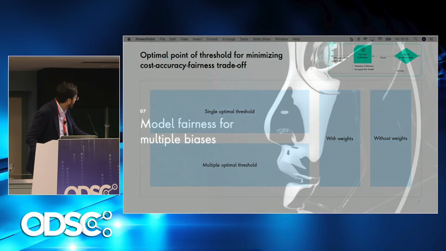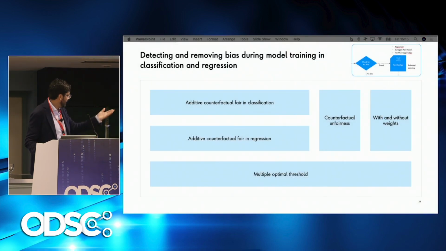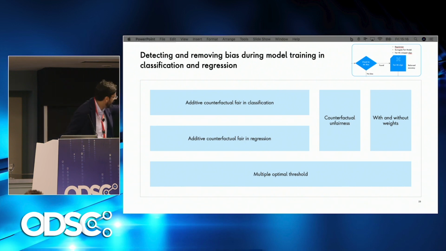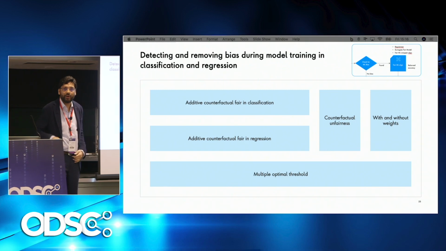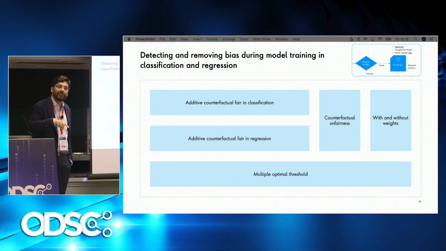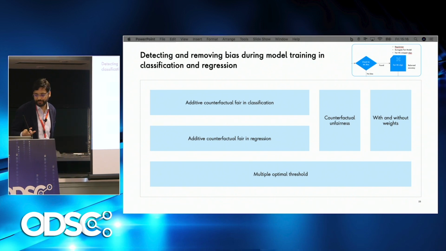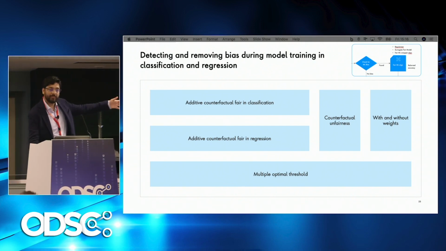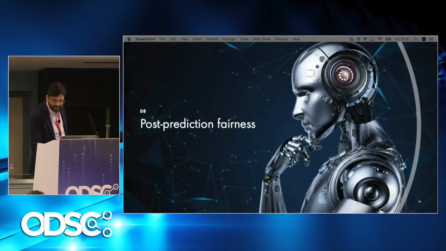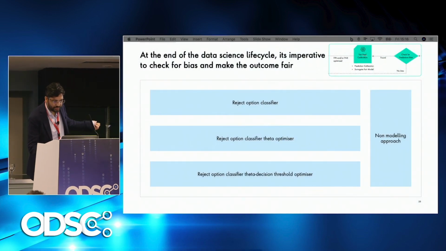We also saw additive counterfactual fairness in classification and in regression, along with weights, along with the counterfactual unfairness method. Now what is the last box, with weights and without weights? You can take an additive counterfactual method, put the weights and make an additive counterfactual method again. You can combine 2 techniques. And this was for multiple optimal thresholds. And then we saw the reject option classifier, where we saw theta, which was the diameter, the size of the circle.